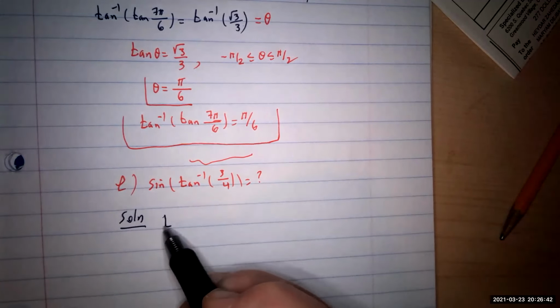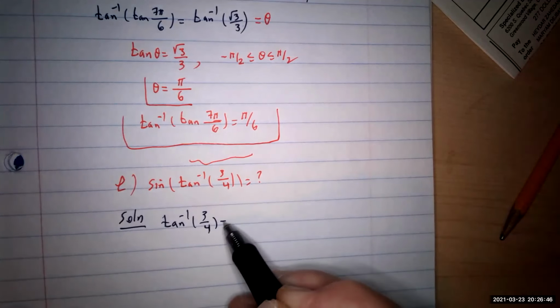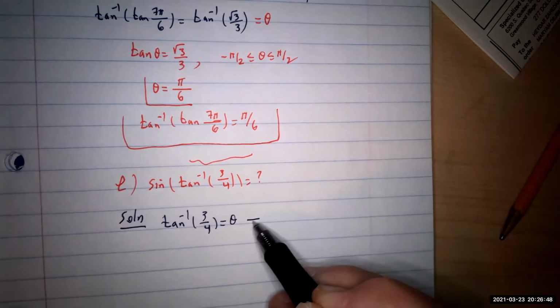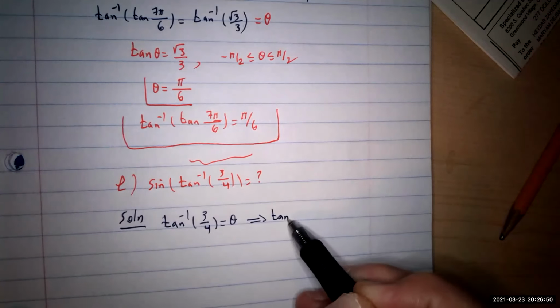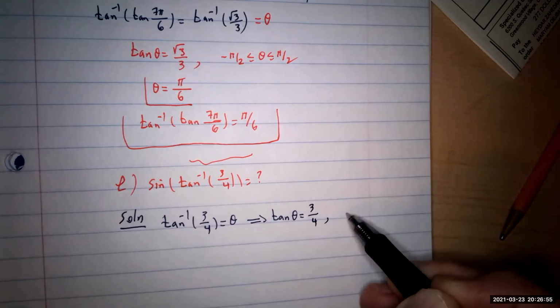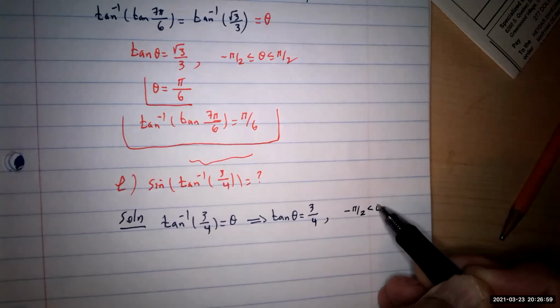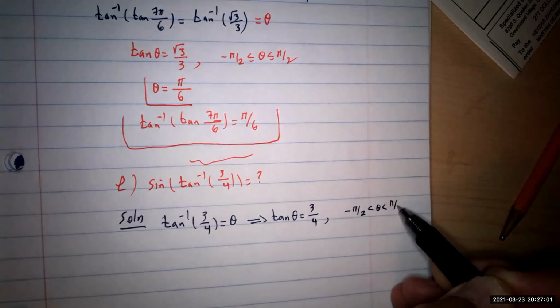So again, start with the tan inverse of 3/4. Call it theta, switch. It's going to be tan of theta equal to 3/4 with the condition that theta is between negative pi half and pi half.